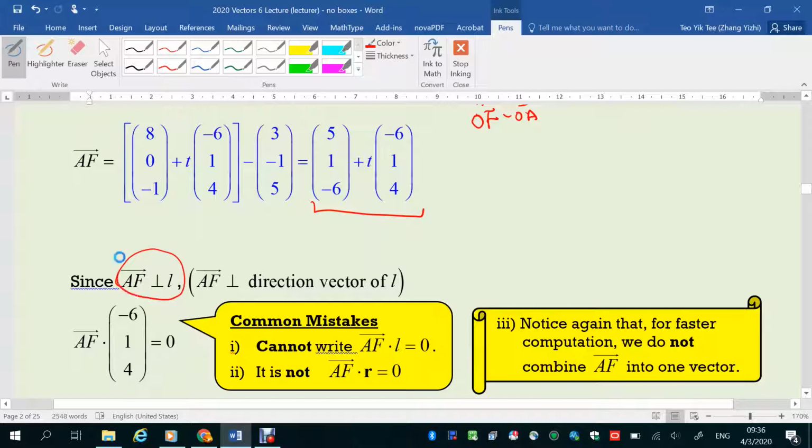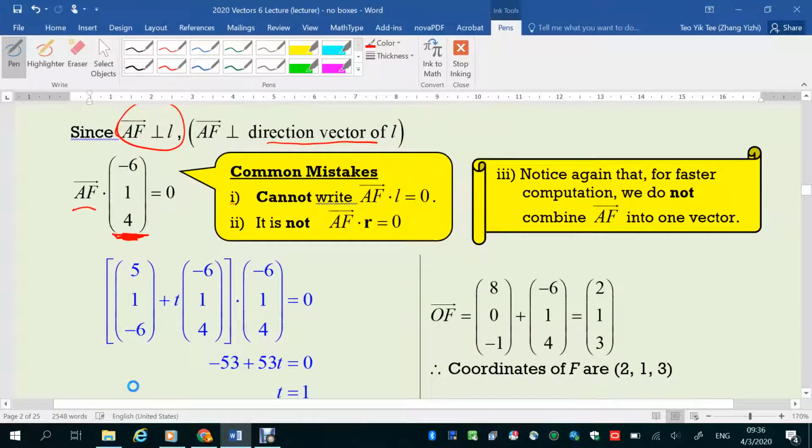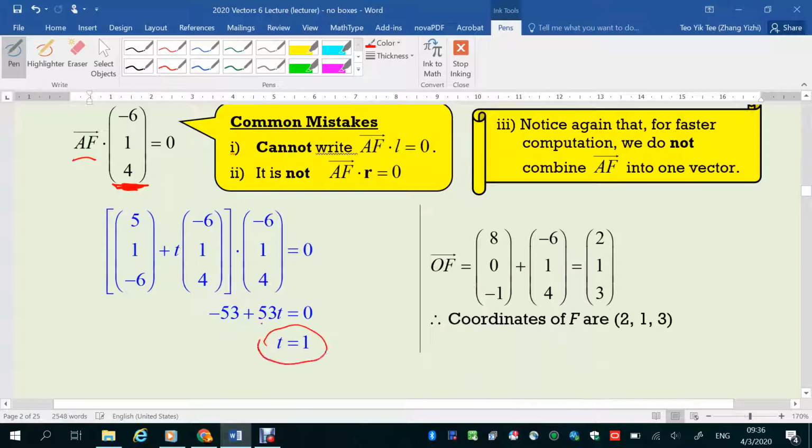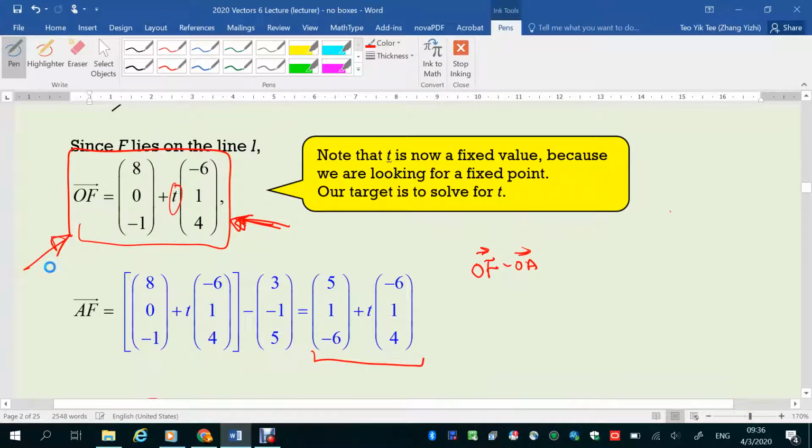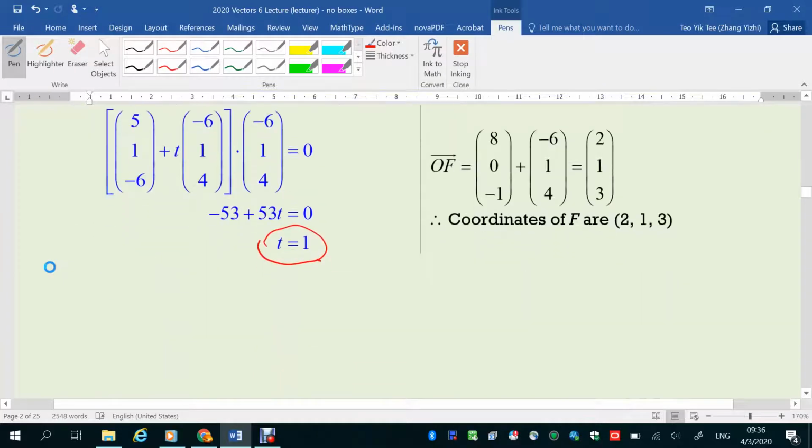Since AF is perpendicular to L, AF is perpendicular to the direction vector of the line L. So AF dot with the direction vector of line L must equal 0. Fitting everything in numerically, you solve for t equals 1. What do we do with this t equals 1? Substitute back into the formula, because OF is for a specific t, and you found that specific t to be 1, and that gives the coordinates of your point F.